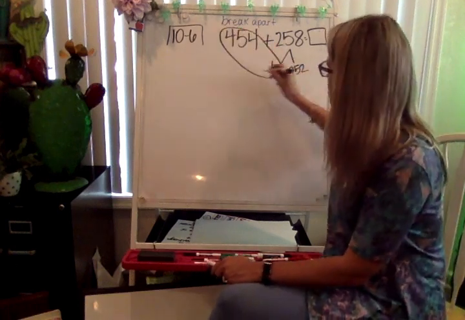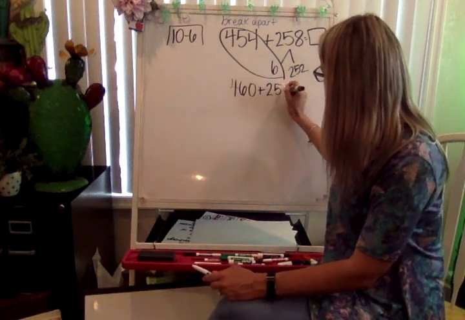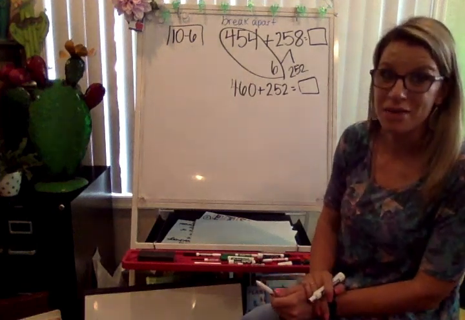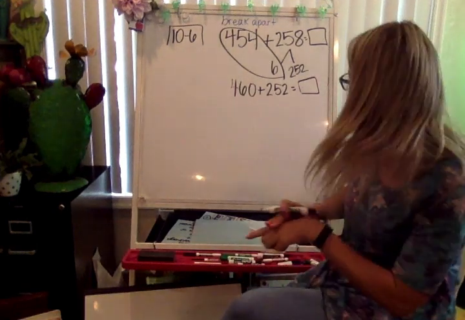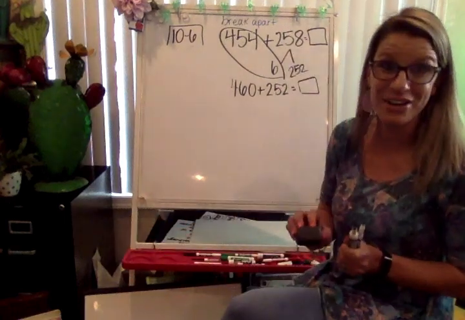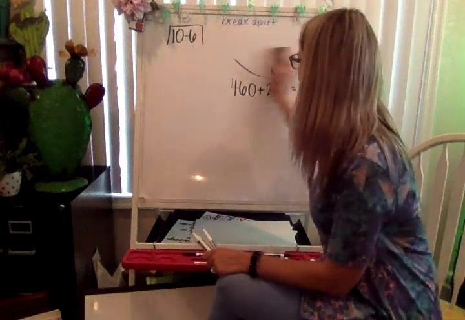I'm going to turn this into 460 plus 252 equals something. I might change my mind about that because now that I'm thinking about it, I want to add the hundreds separately. I can't really go back, so I'm just going to erase, and I'm going to add it a little differently for break apart.